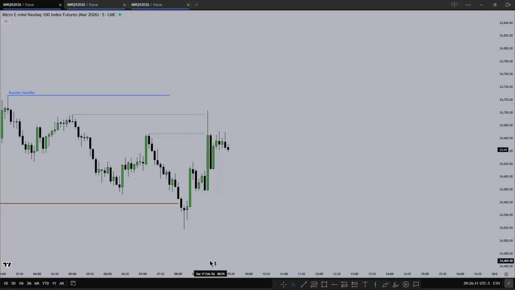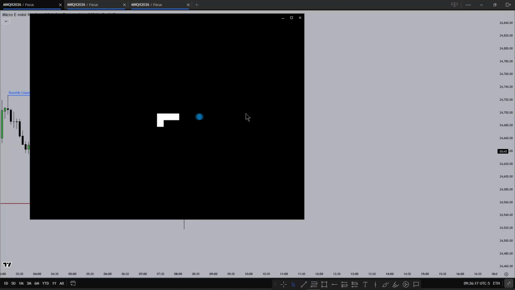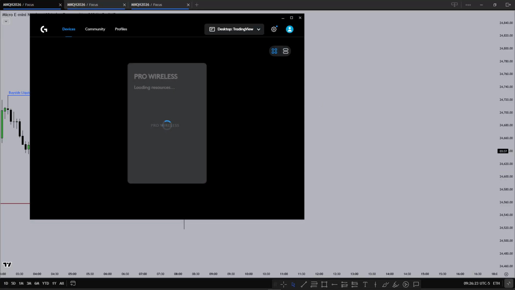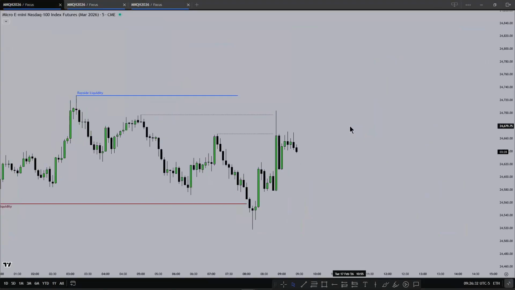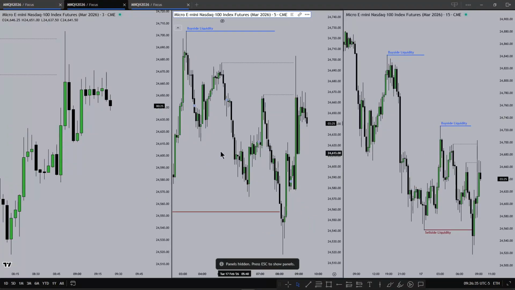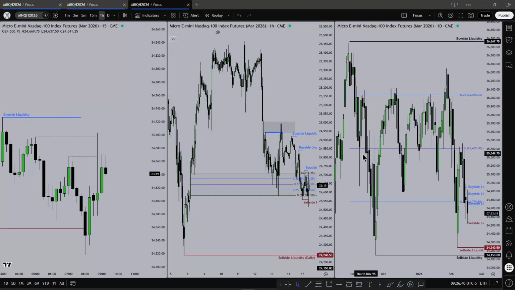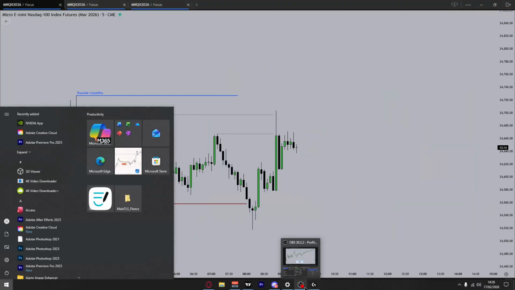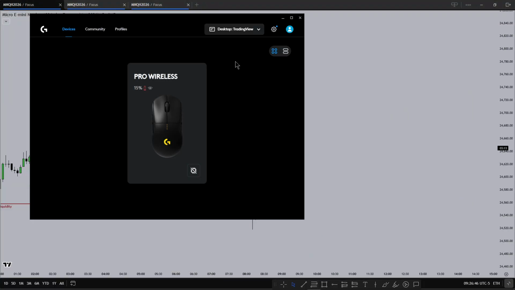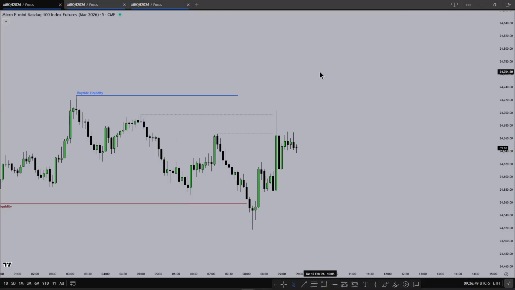I need to sort my mouse out. My mouse ain't working. No, this is a different one. I've got like 4. I just switch. It's like keyboards. Every other day I want to change my keyboard.